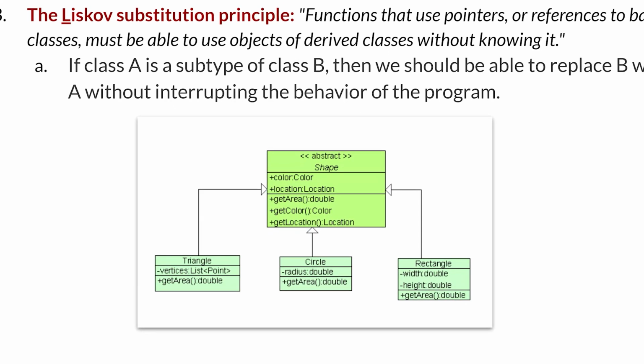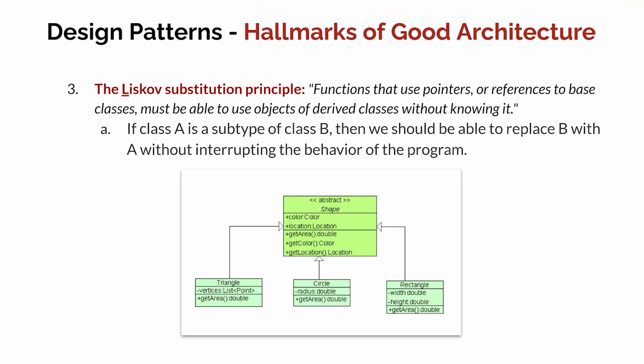If we create an abstract class Shape, and then we create specific concrete classes like Triangle, Circle, and Rectangle, any code that uses Shape to get area doesn't have to know anything about the actual specific shape that it's using, whether it's a triangle or circle or rectangle. If I want to find out the area of something, all I need to do is ask for its area. I don't need to know specifically that it's any particular shape. That would be the Liskov substitution principle.